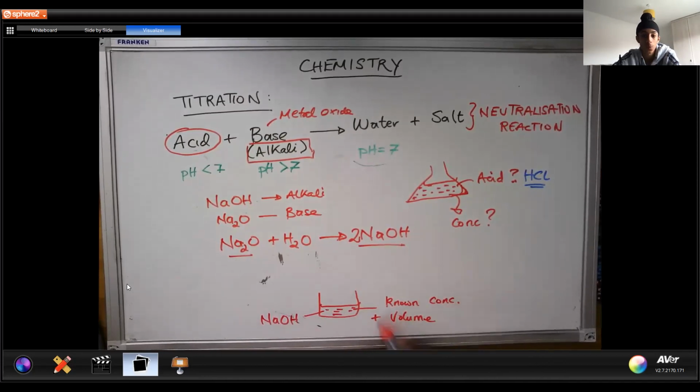We're just going to use an example. I'm going to have 25 centimetre cubed, and the concentration of my sodium hydroxide, shall we say, will be 0.1 mole per decimetre cubed. So I've got a known volume of it, and I've also got a known concentration of it. You happy with that?